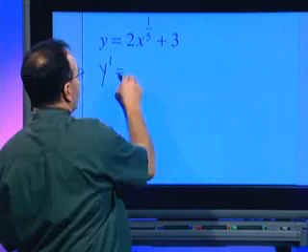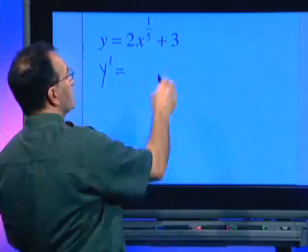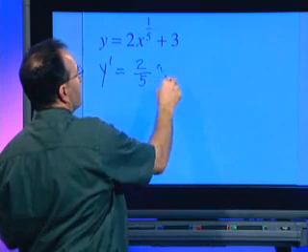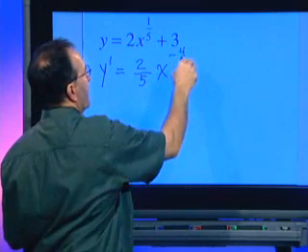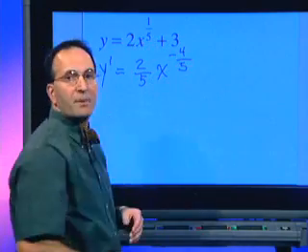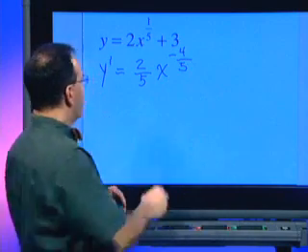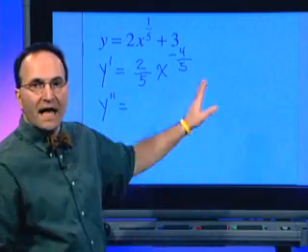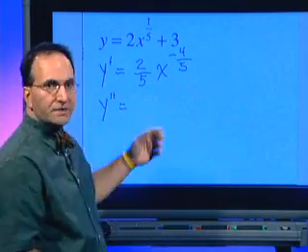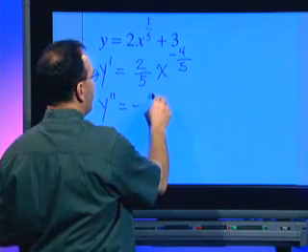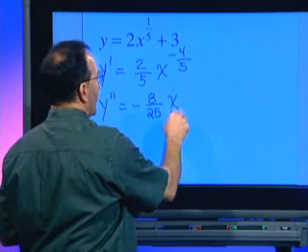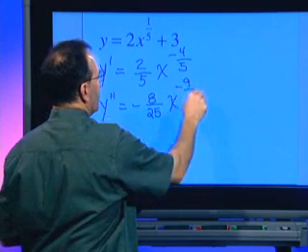Y prime, the first derivative, is going to be equal to 1/5 times 2, so 2/5, times x raised to the 4/5 power. The second derivative is found by the same process. Take the negative 4/5, multiply it times 2/5, and we get negative 8/25 times x raised to the negative 9/5 power.